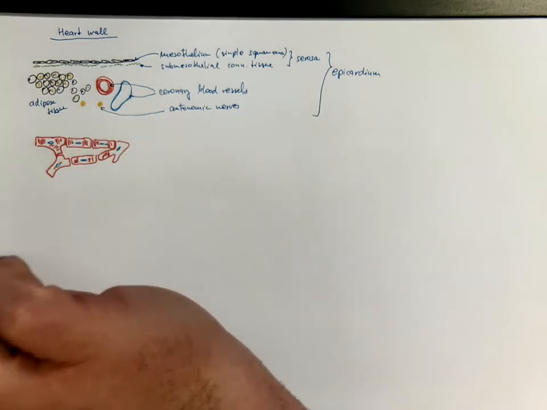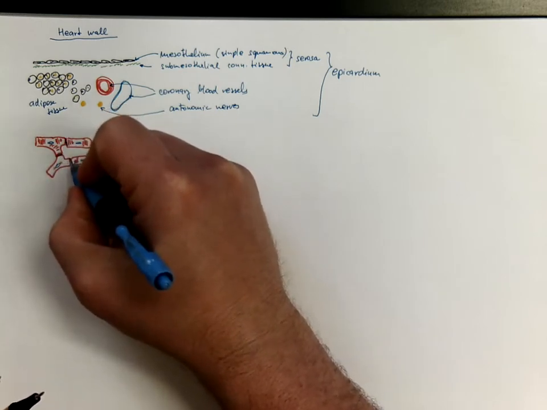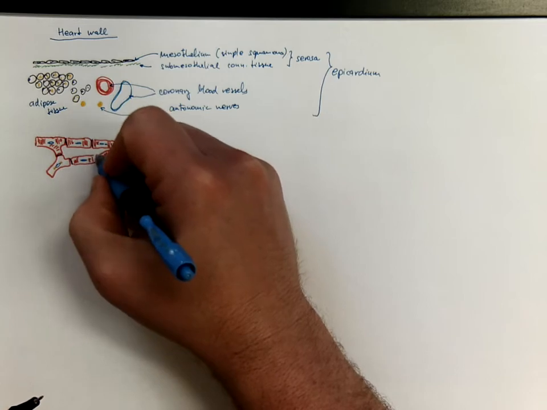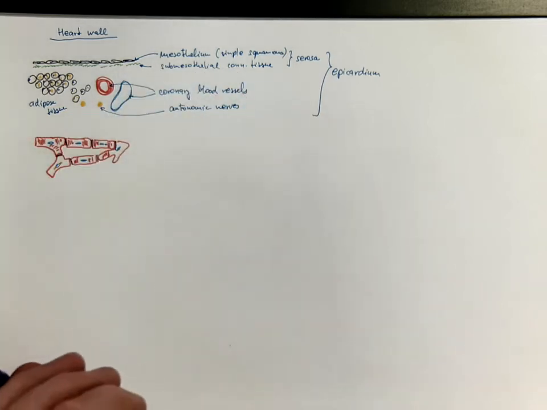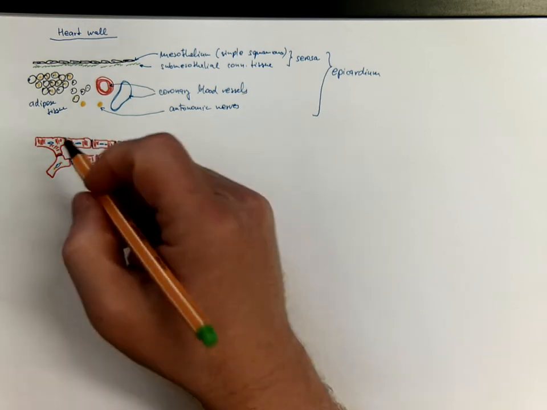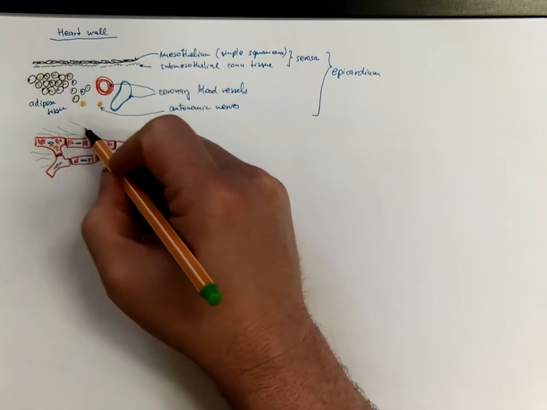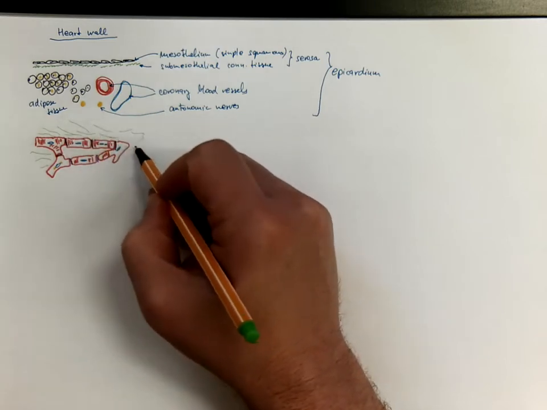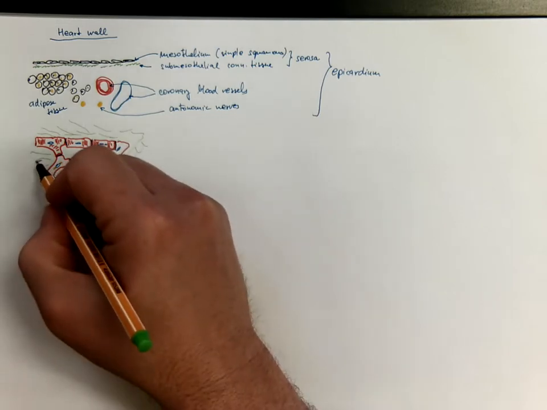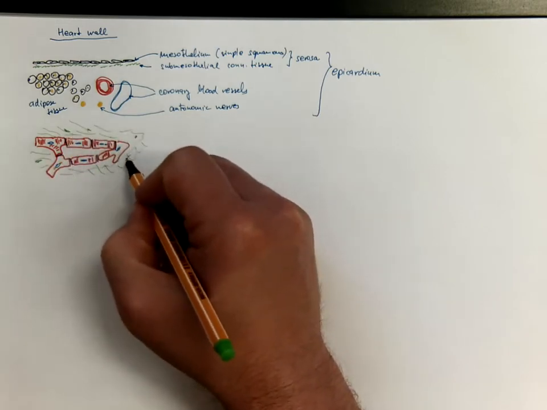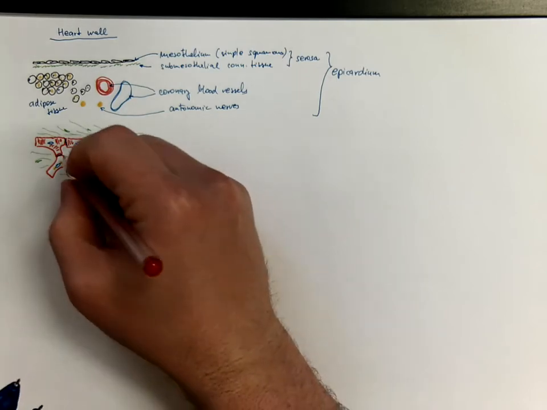There are the intercalated discs on the contacts between the cardiac myocytes, and the muscle tissue is embedded in a loose reticular connective tissue called endomysium with connective tissue cells and a very rich capillary bed.